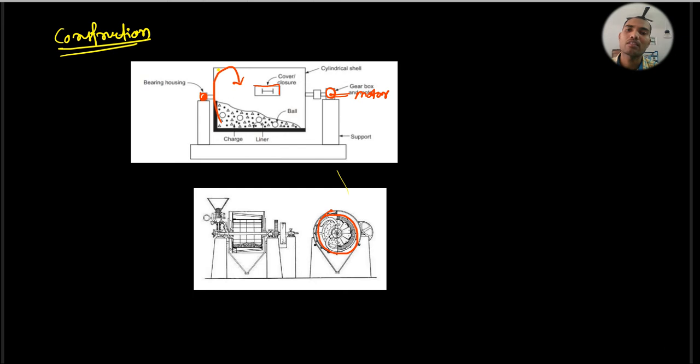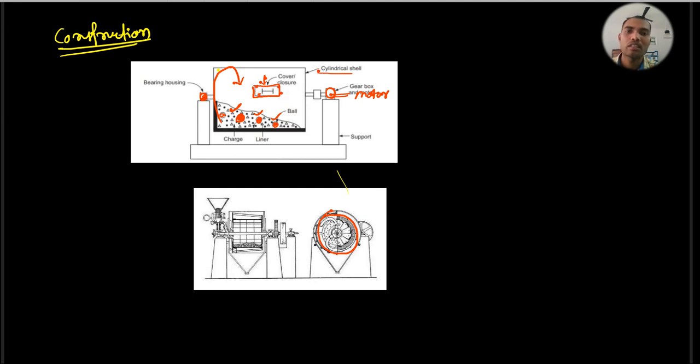Now, this is what is called the closure or cover. In the cylinder there is one opening through which we put the balls. The round things are the balls, and these are the materials you need to crush. Along with the balls, the materials are also filled through this cover. After filling, this cover is closed using nuts and bolts.